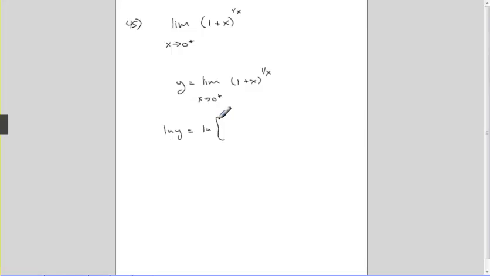You'd have the logarithm of the limit as x goes to 0 from the positive side of (1 plus x) to the 1 over x. And you can move the logarithm inside the limit, so it becomes the limit as x goes to 0 from the plus side of the natural log of (1 plus x) to the 1 over x.